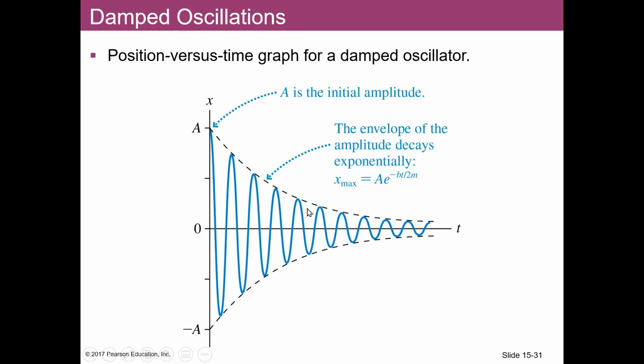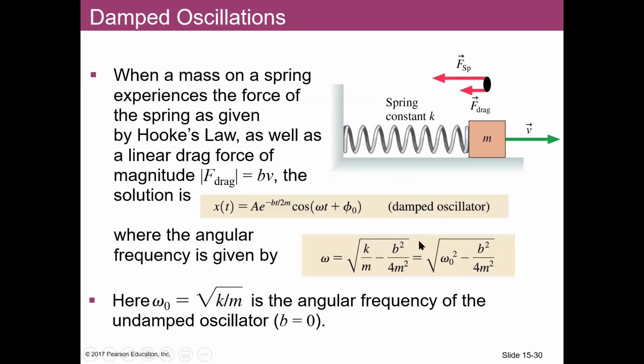So that's damping. And if you go back to this equation, you can repeat the same thing for a mass on a string to show how a pendulum gets run down. Instead of k over m for spring constant and mass, it's just g over l for free fall and length of the string. But this b squared over 4m squared term is still in the angular frequency term.